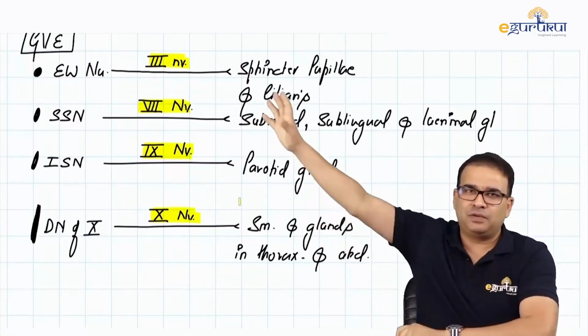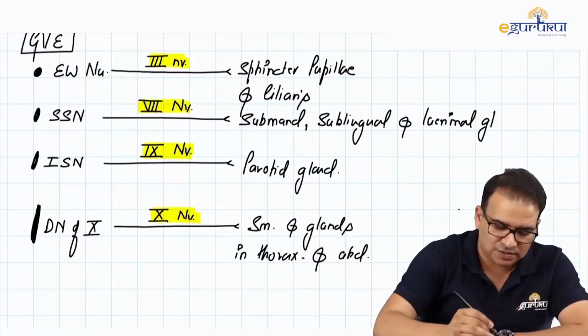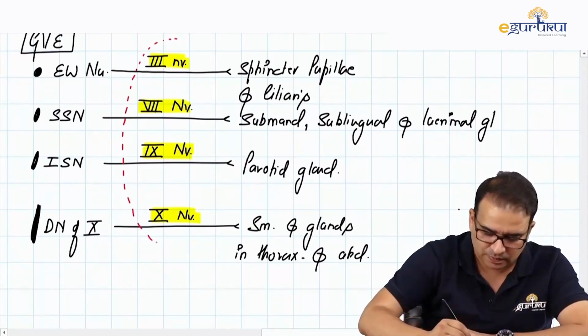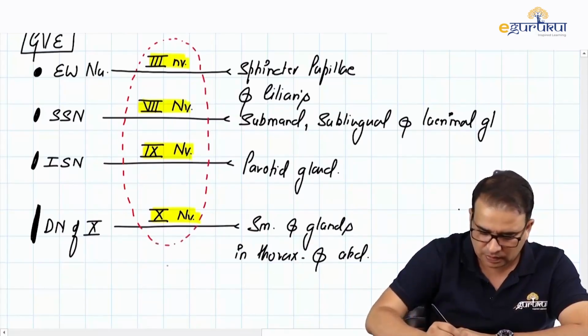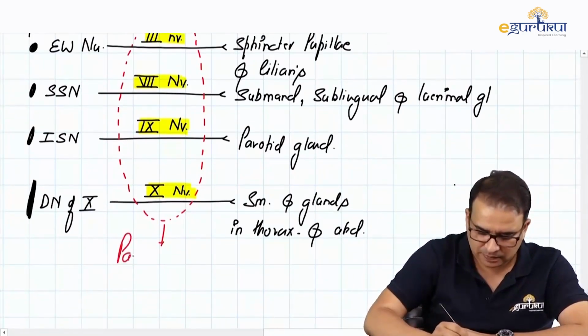It is only the function of these four nerves, and that's why these four cranial nerves are also called the parasympathetic cranial nerves.